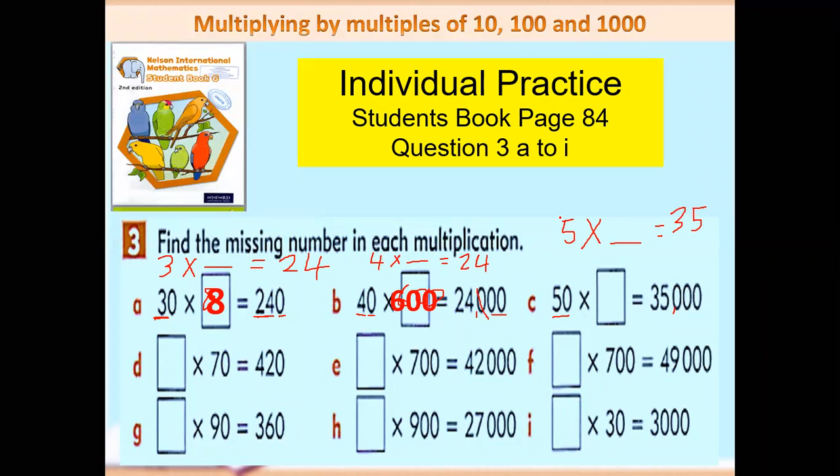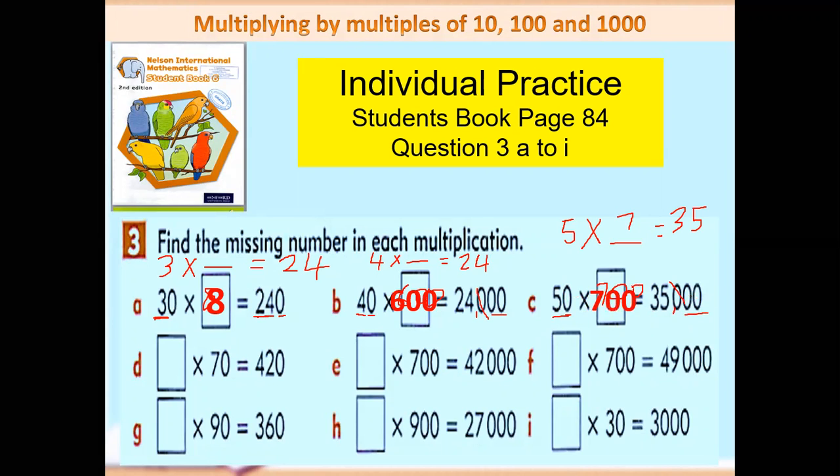But if it is easier for you, 5 times a number equals 35. Yes, it is 7. So I will write now 7 here. Now I have 1 zero here. So how many more zeros do I need to give me 35,000? So I will cut 1 zero because I have 1 zero there. So I need 2 zeros. So the answer is 700.